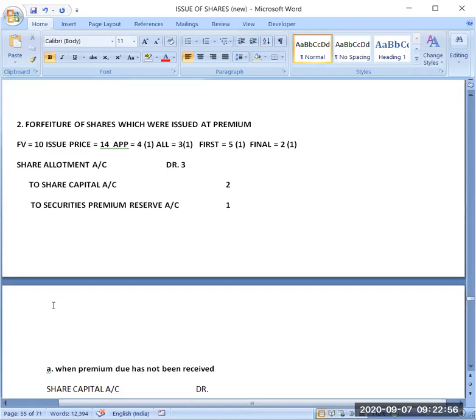Now, when I will be receiving it, because I have not received the allotment amount, I have not received this premium also, and I have not received this amount also. Both amounts have not been received. Got it? So if I am not receiving the premium, I have to reduce this premium also, because I am booking my capital profit, but I have not received it in cash.